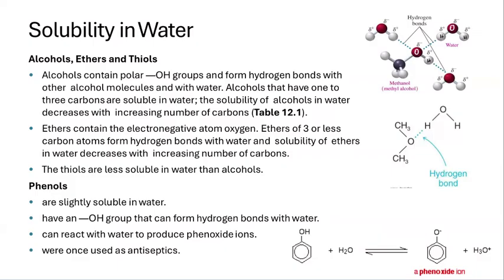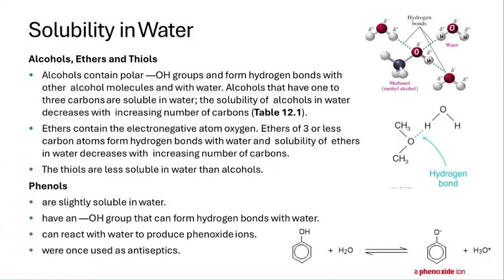When it comes to ethers, because they contain an electronegative oxygen atom, ethers of 3 or fewer carbon atoms can form hydrogen bonds with water, and it allows them to be soluble. The minute that you increase the number of carbons in an ether to more than 3, the solubility is diminished.